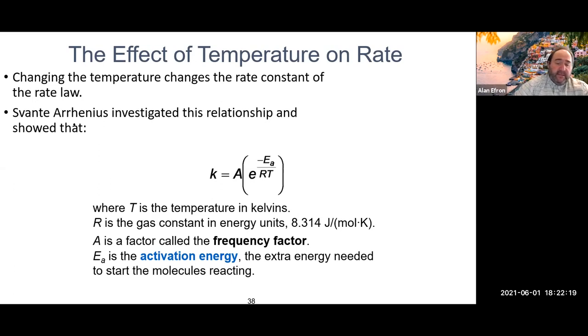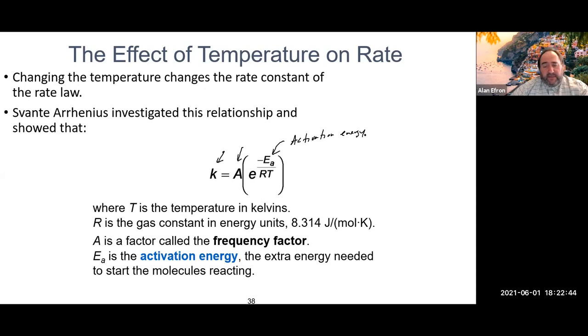This is the Arrhenius equation here, and it's basically our rate constant. This is what is referred to as the frequency factor, which we'll talk about, but basically it's the percentage of molecules that do have a sufficient amount of energy to get up and over to the other side. The E_A is our activation energy, which is that hill that they have to climb.